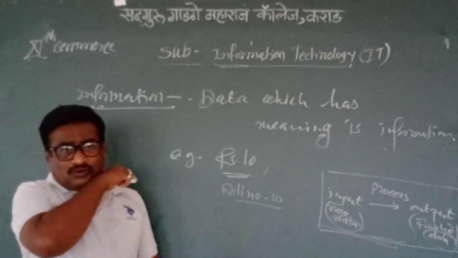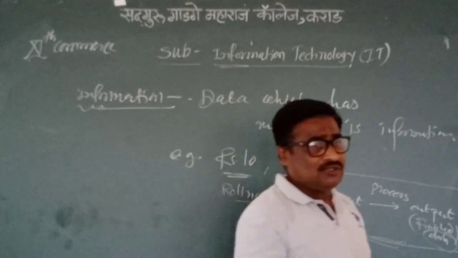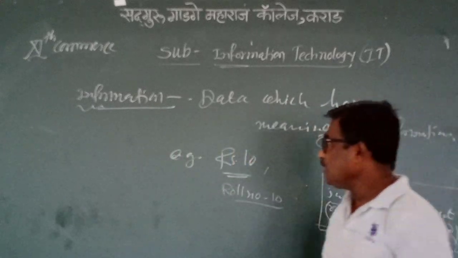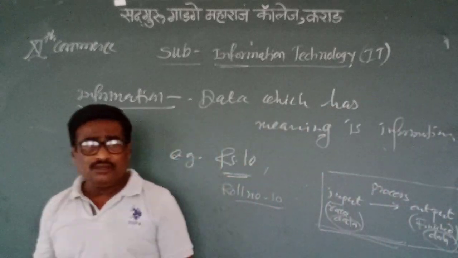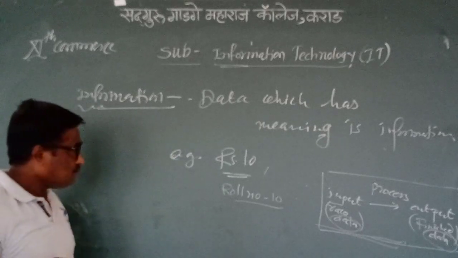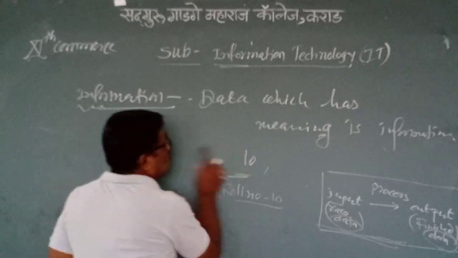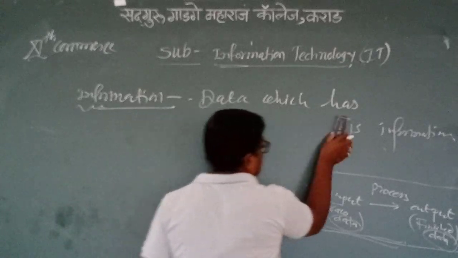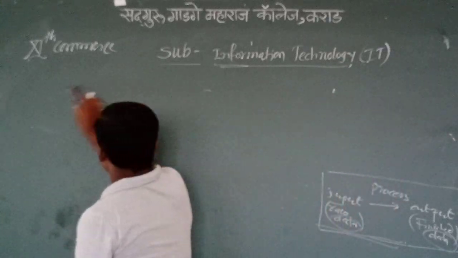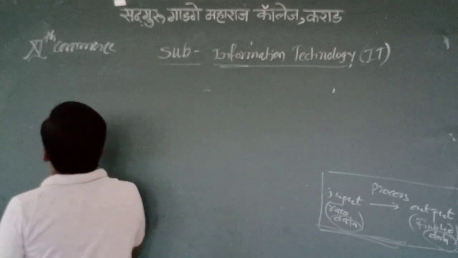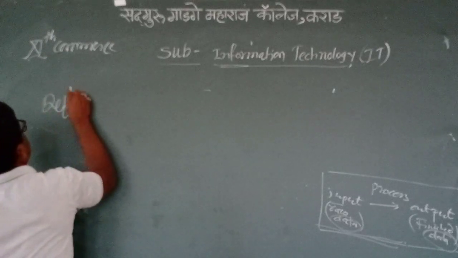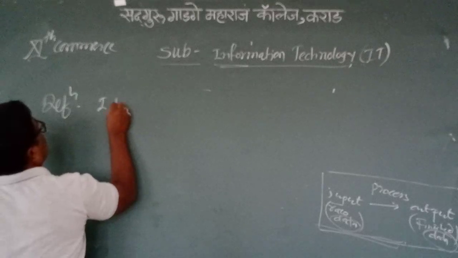Students, we have to learn here the basic terminology, that is what is computer, what is data, what is input devices, what are output devices. Next we have to see the definition of information technology, IT.